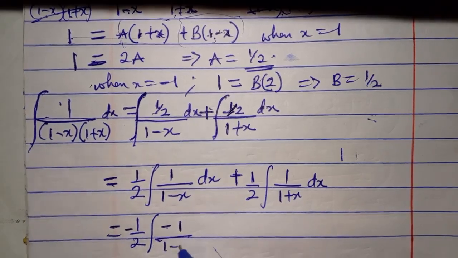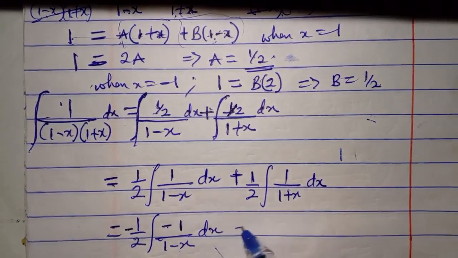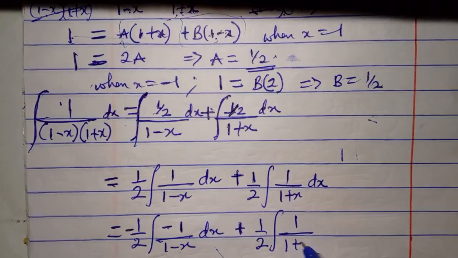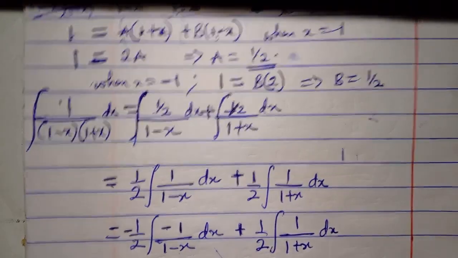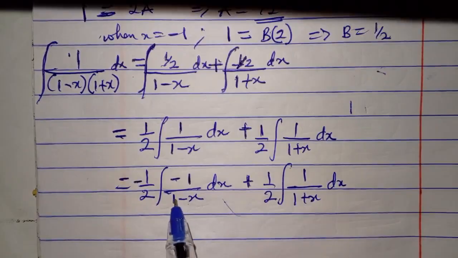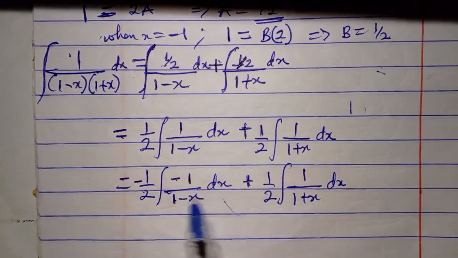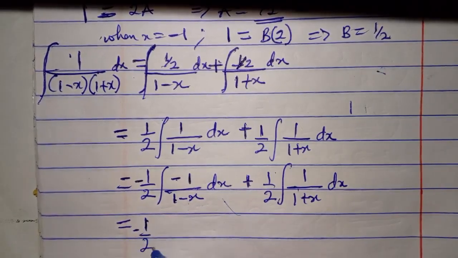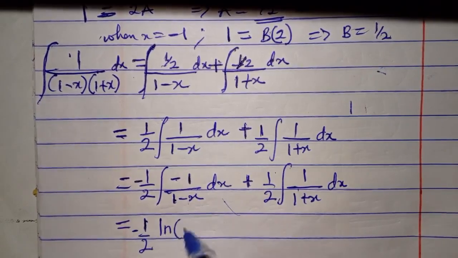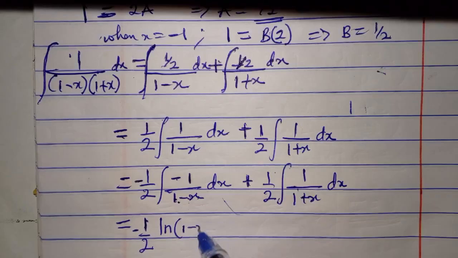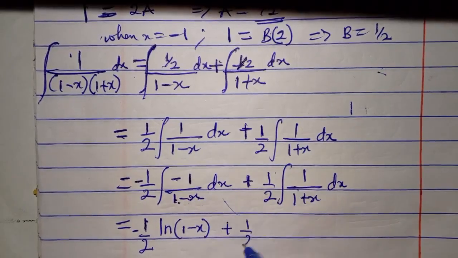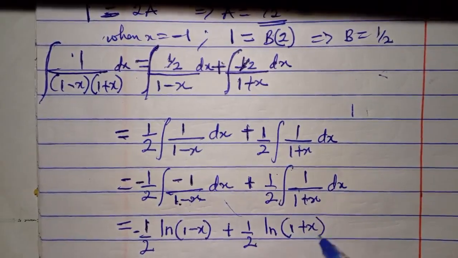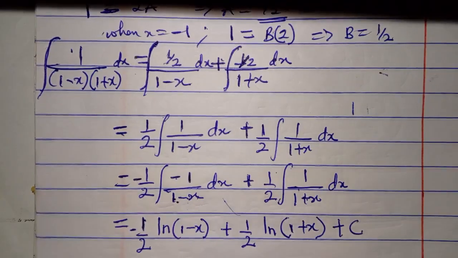Divided by 1 minus x dx plus 1 over 2 into the integral of 1 all over 1 plus x dx. All right, so the derivative of the bottom is now the numerator for both. It is simply minus 1 over 2 into the natural logarithm of 1 minus x plus 1 over 2 into the natural logarithm of 1 plus x plus the constant of integration.